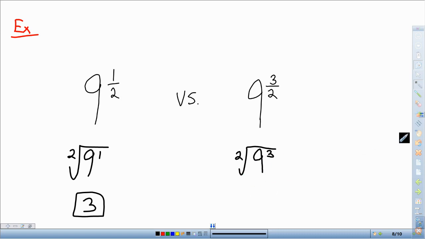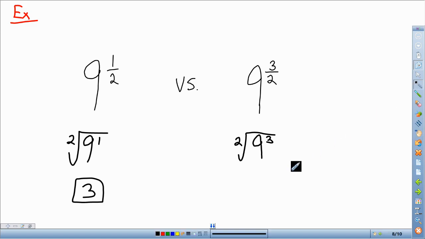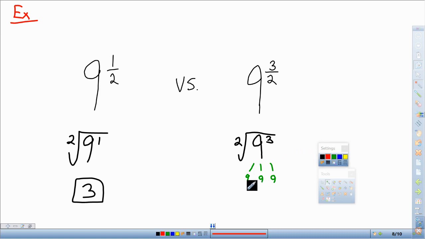So what do we do with this? Well, 9 to the power of 3 is 9 times 9 times 9. So if I wanted to break this thing down, I could break it down into just that, 9 times 9 times 9. And then from here, I can start looking for pairs of numbers. Remember, we could break these 9s all down, but I notice I have a pair of 9s right here.